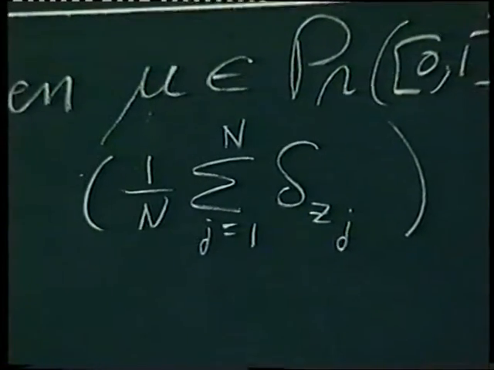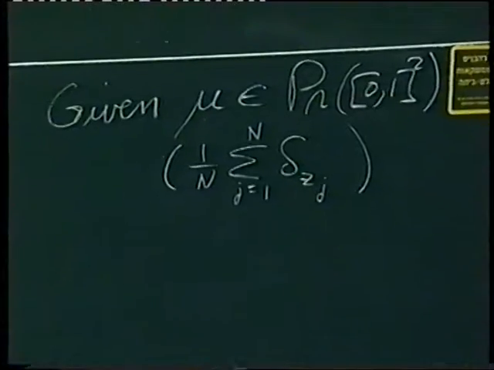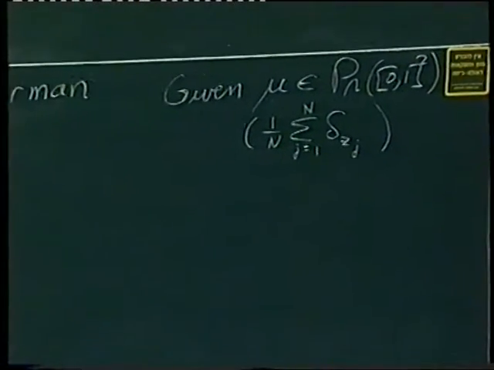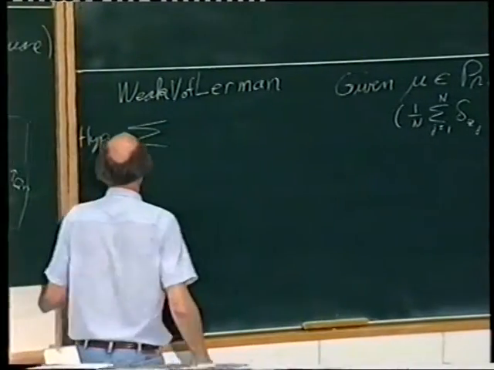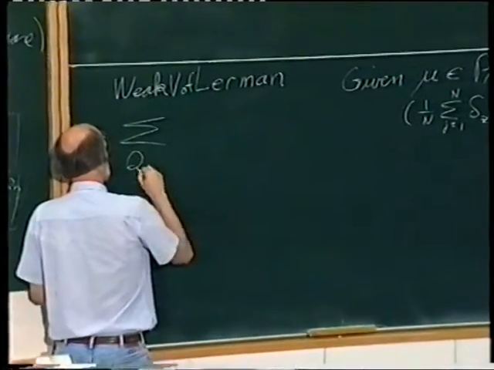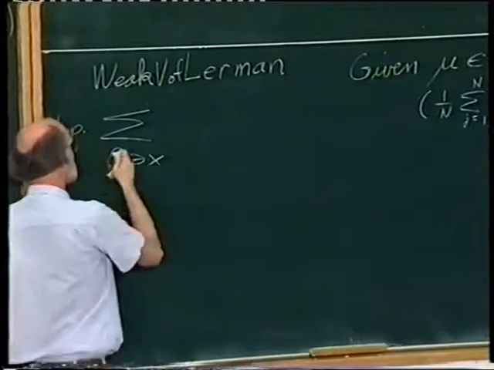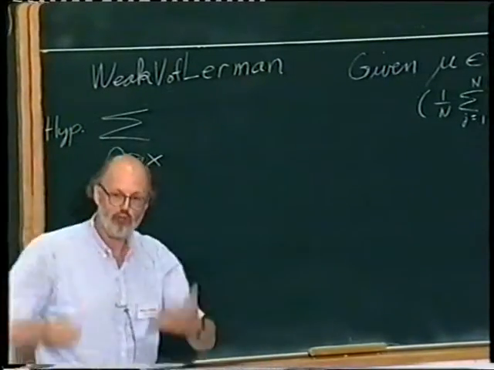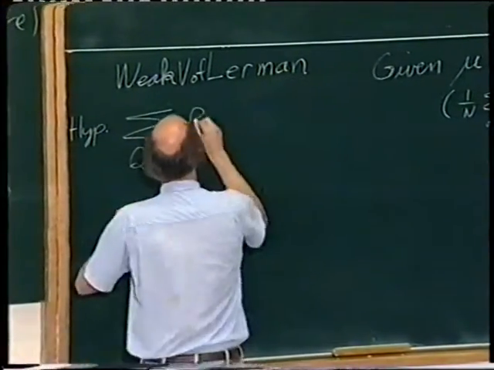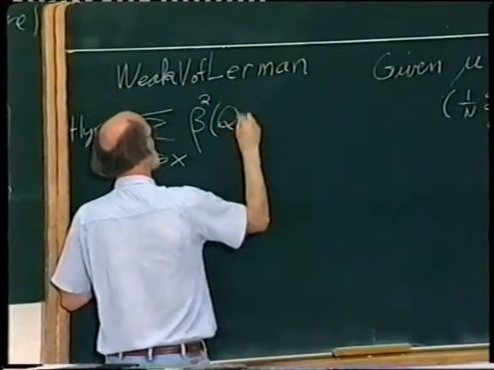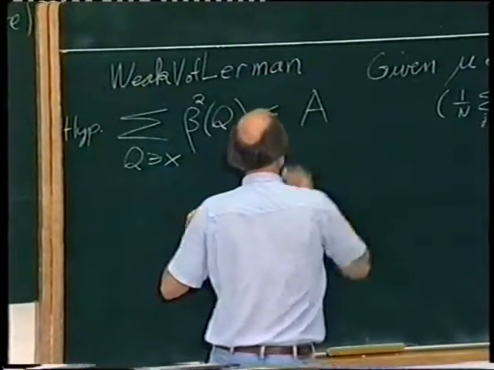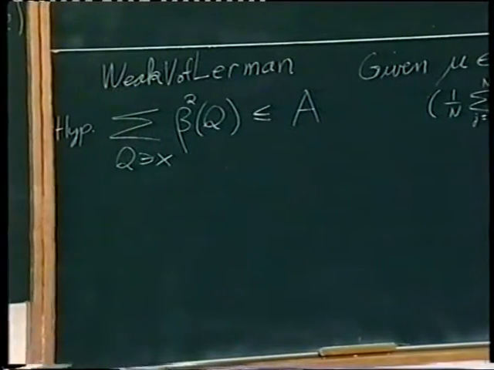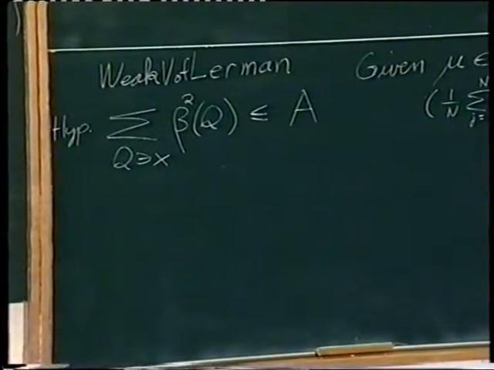as the relevant effective threshold. And now what we do is we assume as the hypothesis that whenever we take x, we look at all the cubes, so we look at all scales, and we compute beta squared of this, and we assume that this is bounded by some constant A, which is independent of the point.